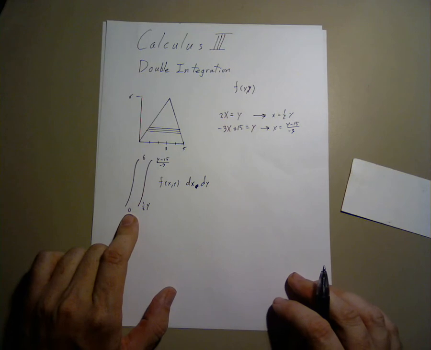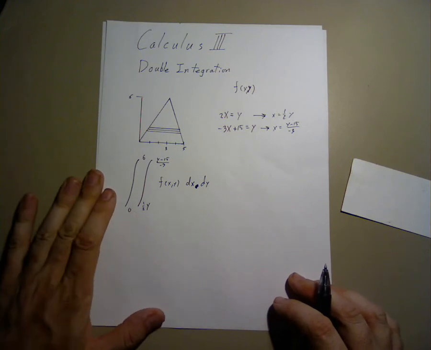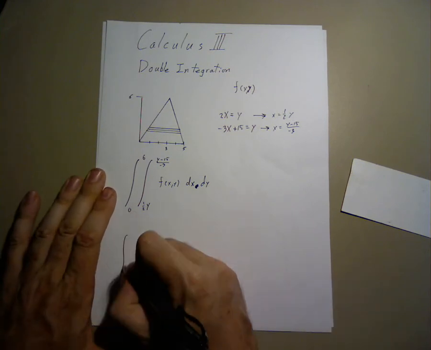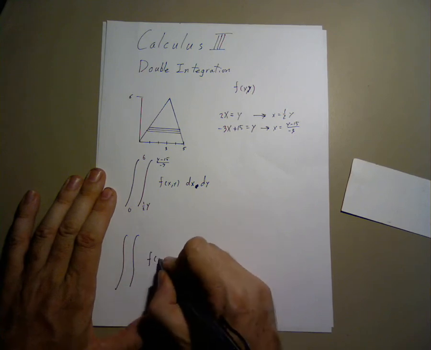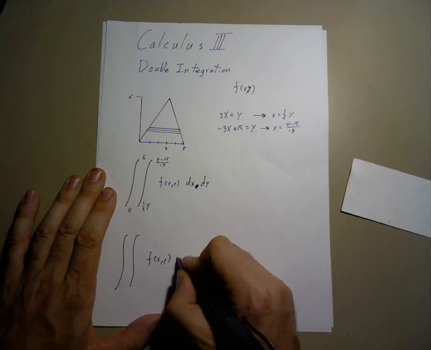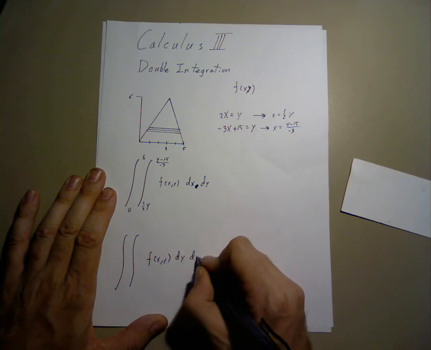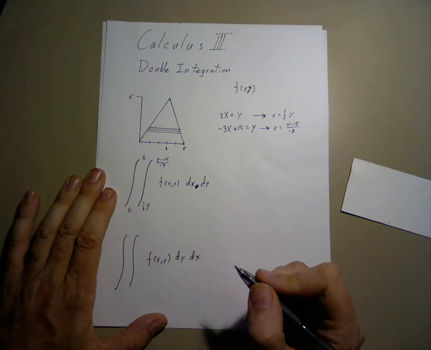We can repeat this. We can do this again in reverse order: f of x comma y, dy dx.